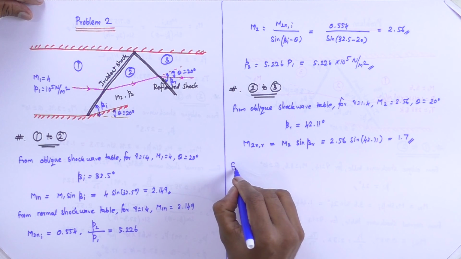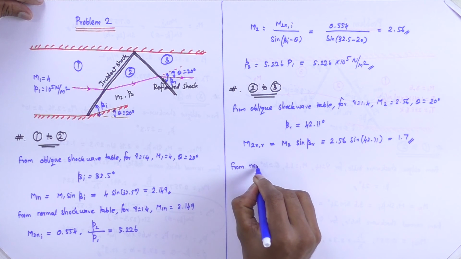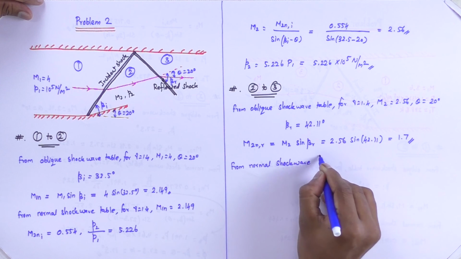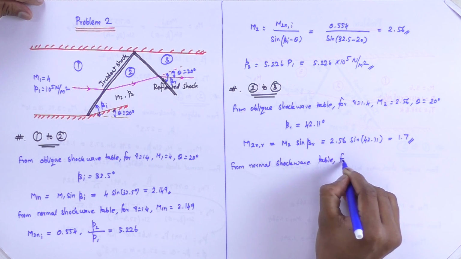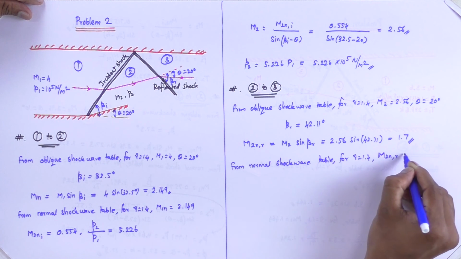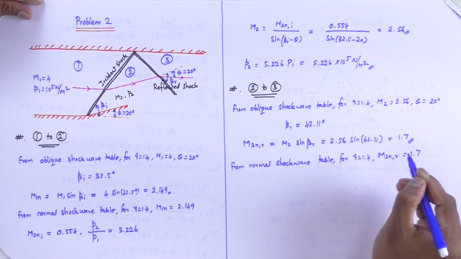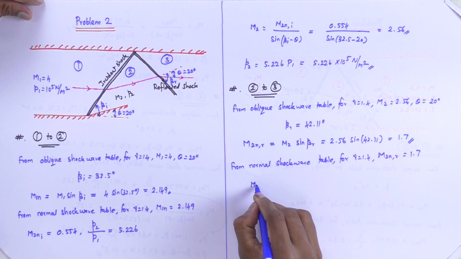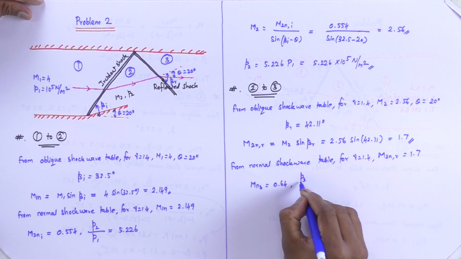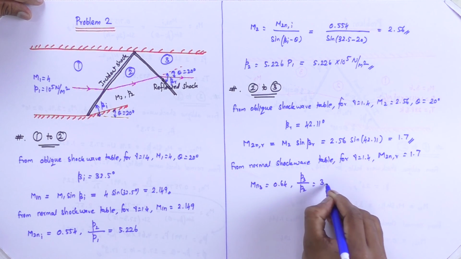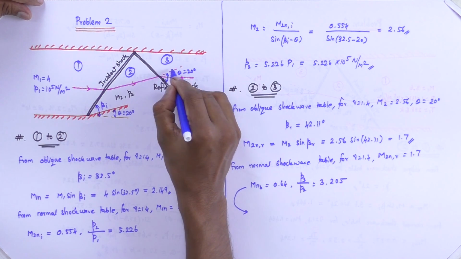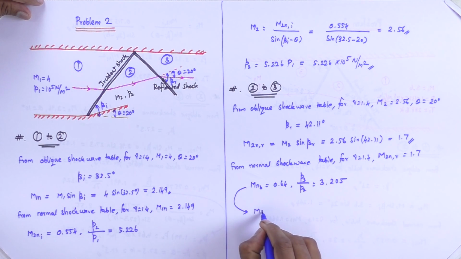Then we have to refer to the normal shock wave table for gamma is equal to 1.4 and M2n r is equal to 1.7. You can get the Mn3 value 0.64 and p3 by p2 value, that is 3.205.